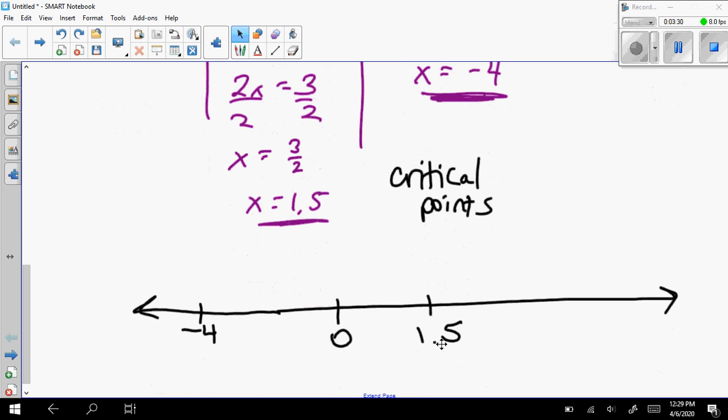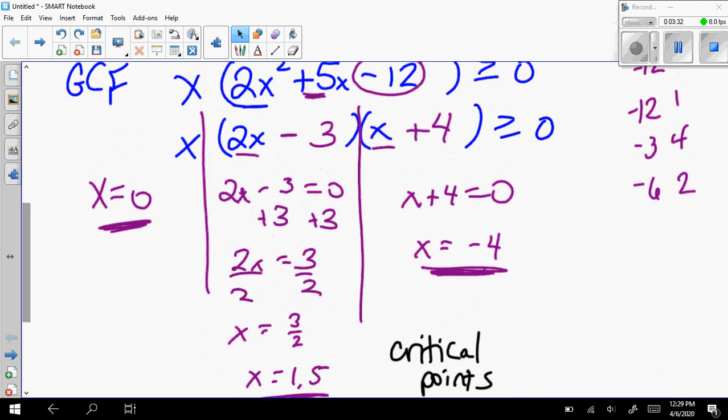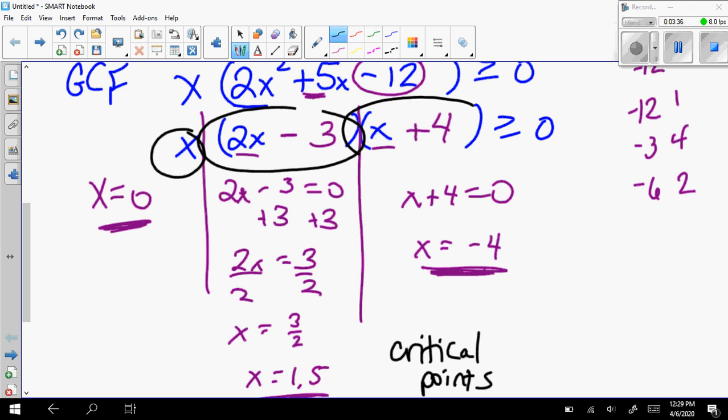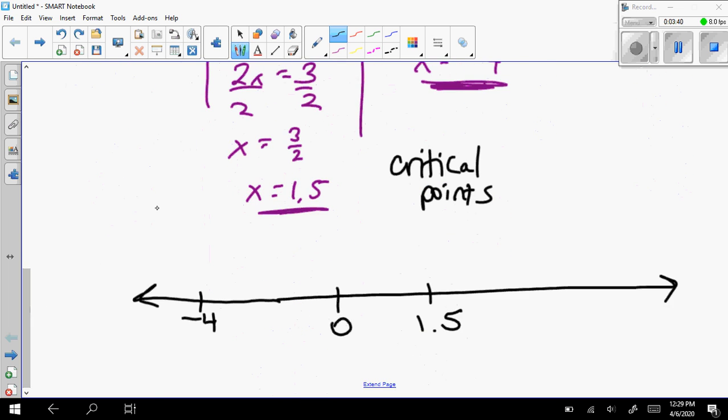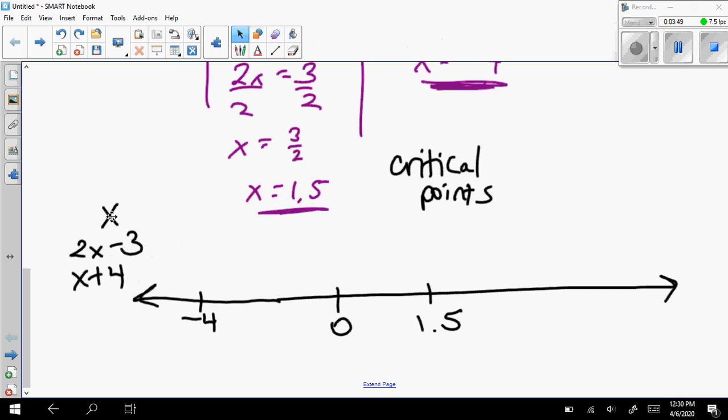So now I'm going to put the 3 factors, these are the things I'm circling, onto the left side of the number line for me to plug into. Those are my 3 factors. So I'm going to do x, and then a 2x minus 3, and then an x plus 4. Okay, let me just move this over just a bit so I have more space.